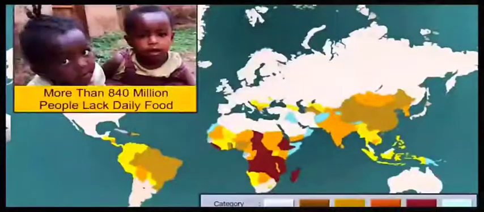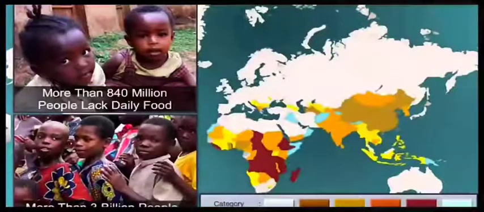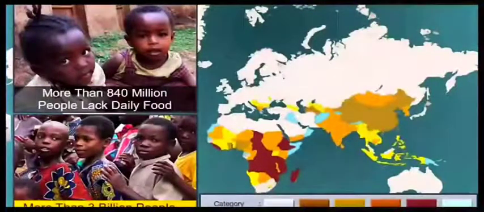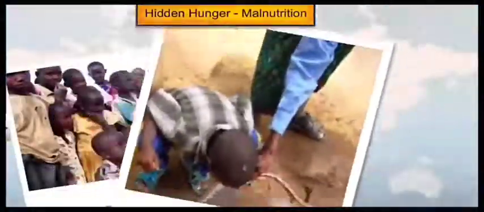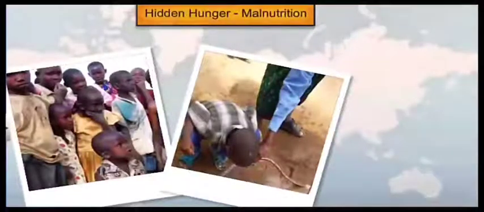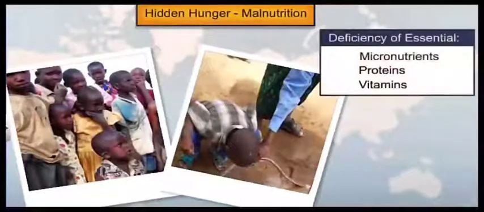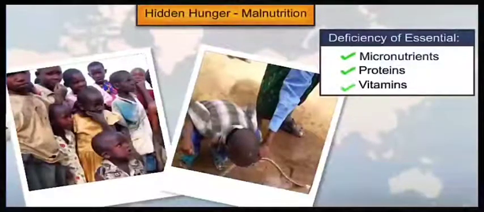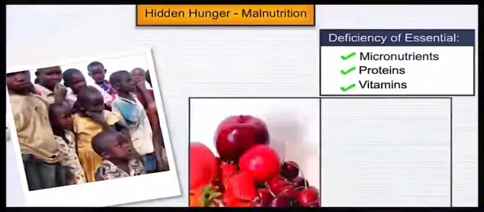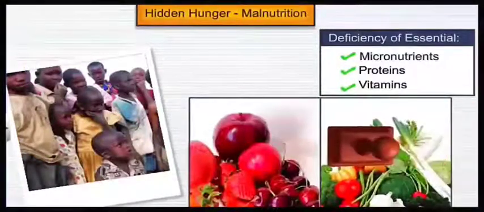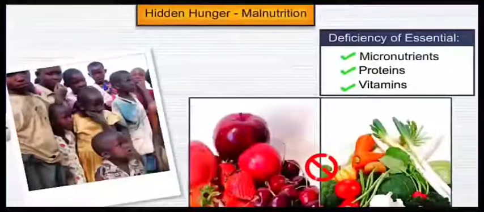Now we will take up another very sensitive issue, that is hidden hunger. Today, more than 840 million people lack daily food and more than 3 billion people are suffering from a phenomenon called malnutrition due to hidden hunger. Yes, they get food to eat, but that food shows a deficiency of micronutrients, proteins and vitamins.